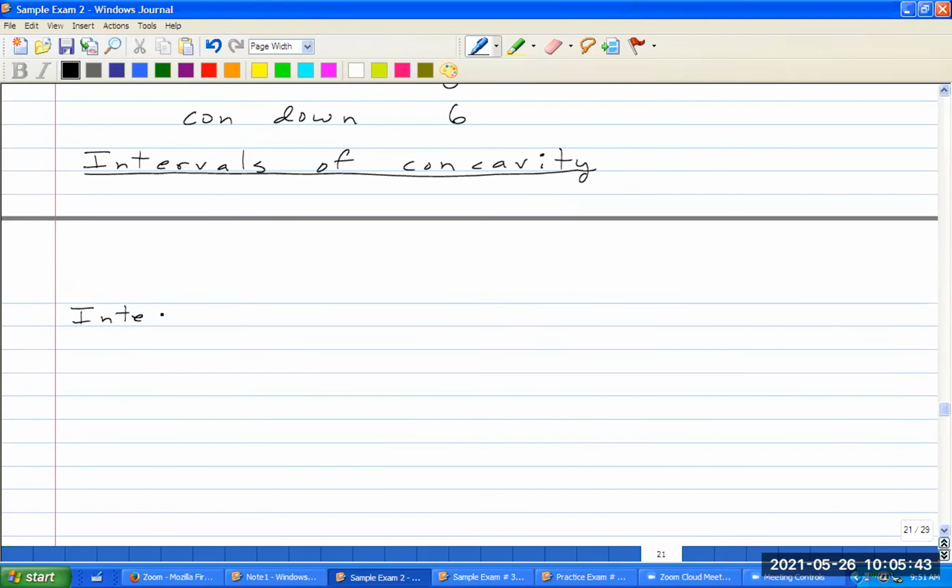So the interval concave downward is basically the same as the domain. Negative infinity to 6. Okay.